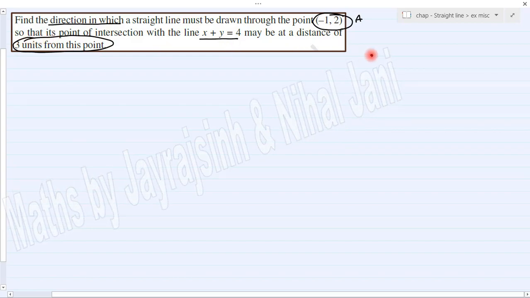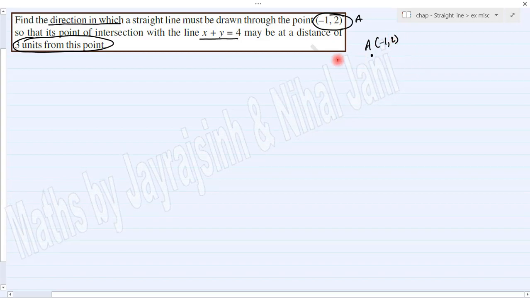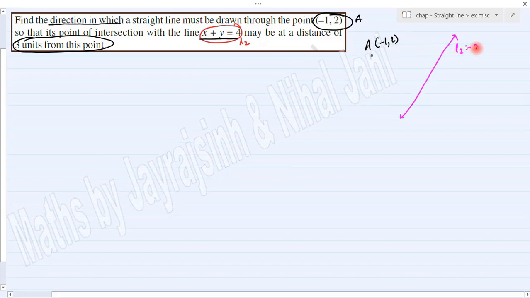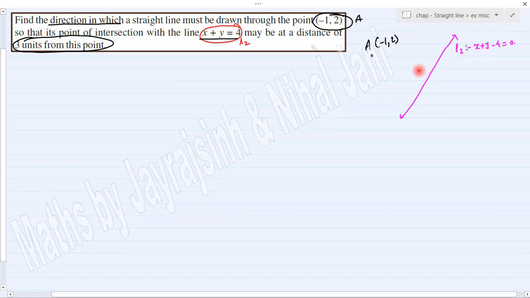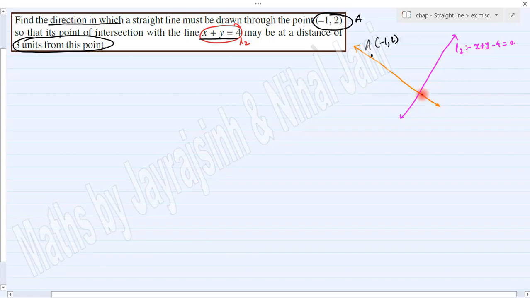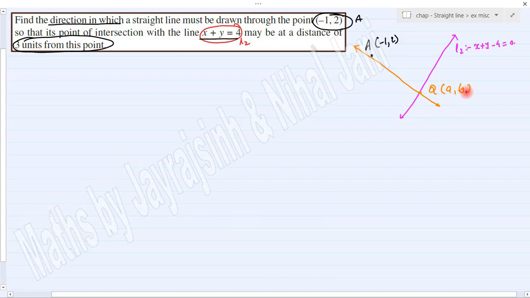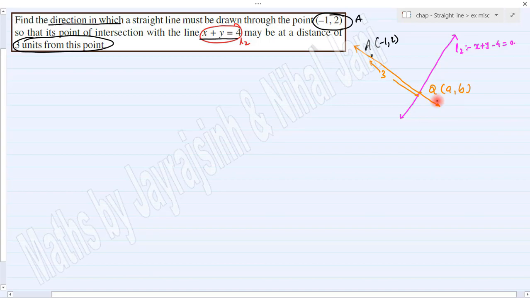Let's say here we have our point A, which is minus 1 comma 2, and this is your line L2 having equation x plus y minus 4 equal to 0, and we have to draw a line which is passing from A and its intersecting point, let's say Q, having coordinates A comma B, may be at distance of 3 units from point A. So we have to find the equation of line AQ.